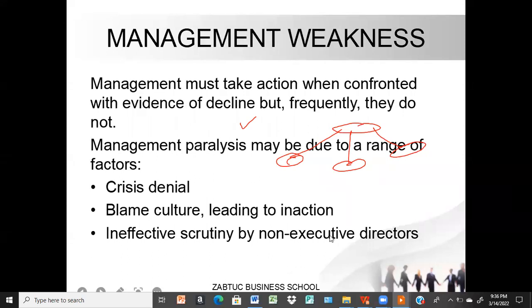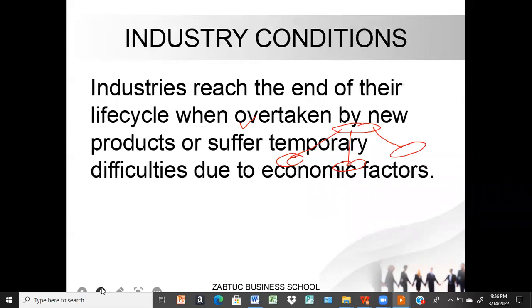Or we've got non-executive directors from the corporate governance who have failed to help an organization take action. So management weaknesses could be a cause of corporate failure. But the biggest issue is industry. Industries reach the end of their life when we're talking about new products, or sometimes suffer temporary difficulties due to economic factors. So industry conditions where the profitability of the industry is just going down and down and down.